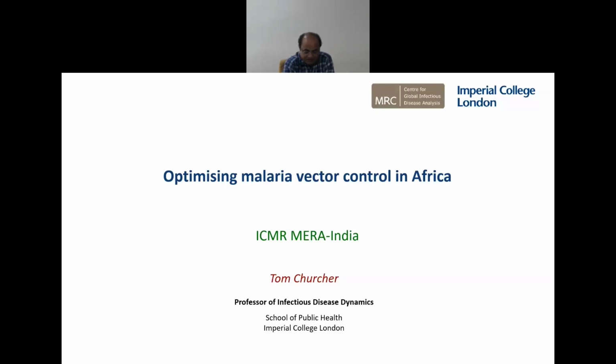His primary focus lies in comprehending various threats to malaria control, such as the emergence of insecticide resistance. He actively collaborates with public health organizations, industrial partners, and is increasingly engaged with international donors and national malaria control programs. This collaboration aims to optimize malaria control strategies in real-world settings, drawing on his expertise and the insight gained from the model.